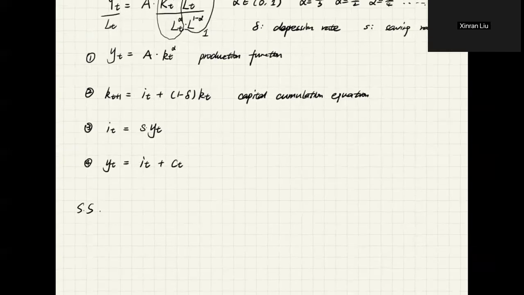Remember that the definition of the steady state is k_t plus 1 equals k_t equals k star, where k star is just a value. Of all these equations, only equation 2 involves k_t plus 1 and k_t, so we use equation 2 mainly.